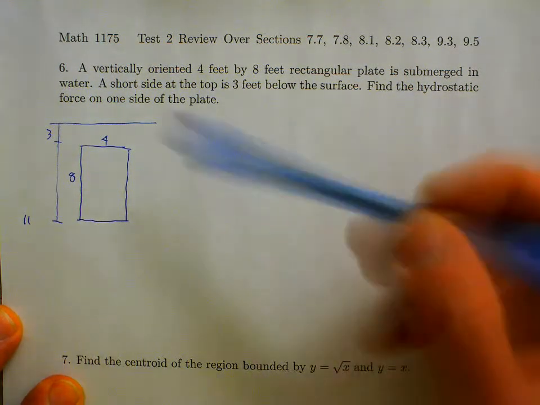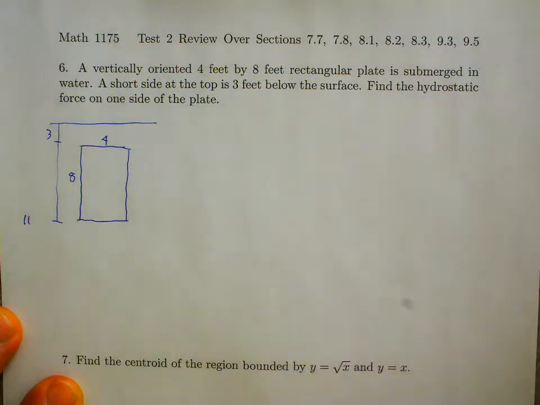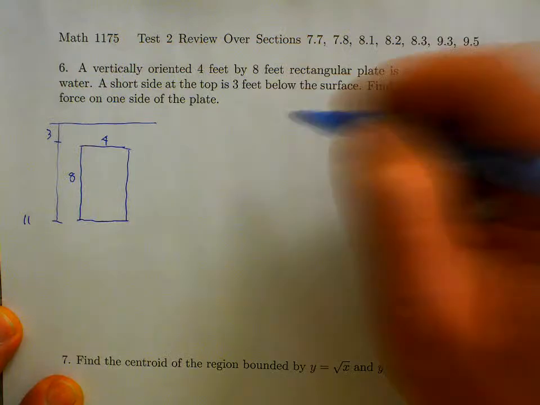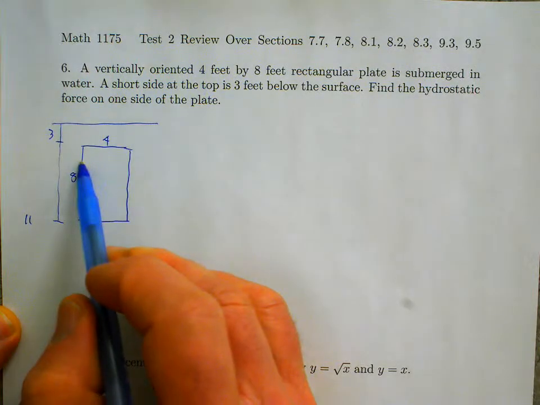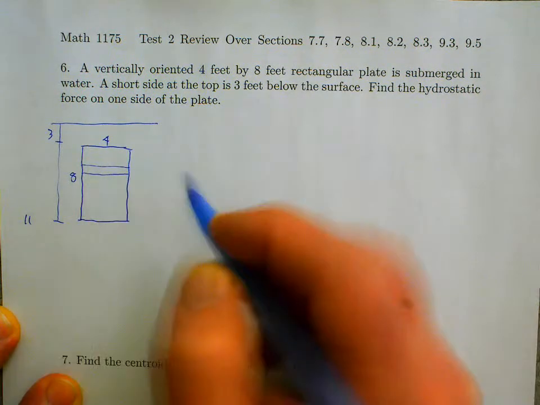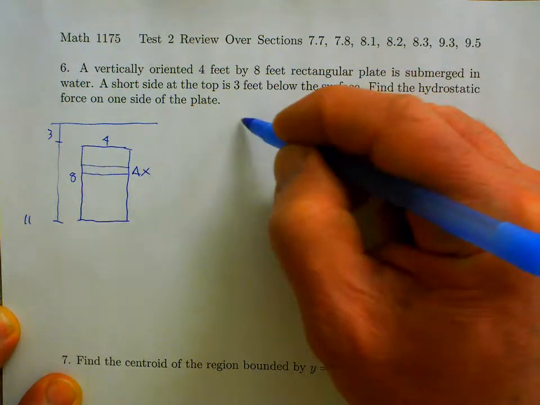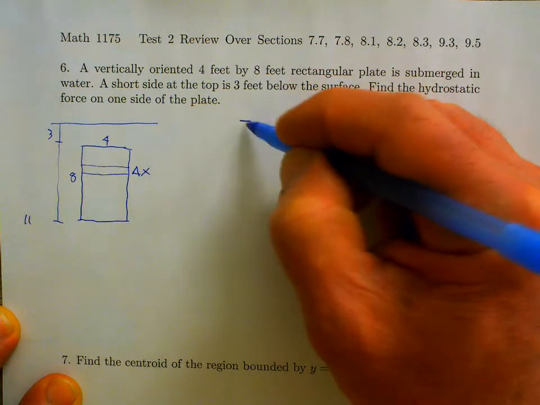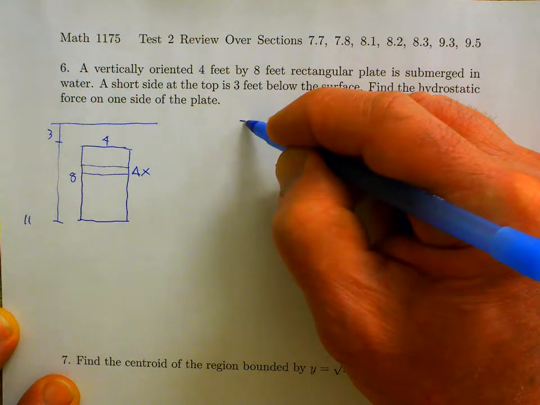So if we subdivide the rectangle into smaller rectangles, each of width delta x. So what we're doing is I'm using the positive x values downward.